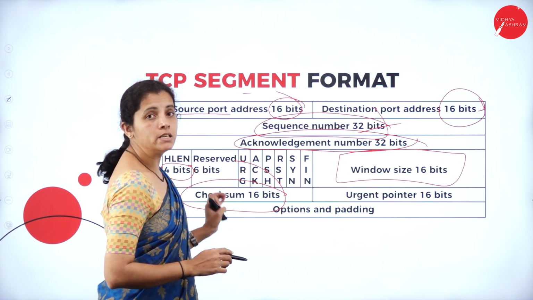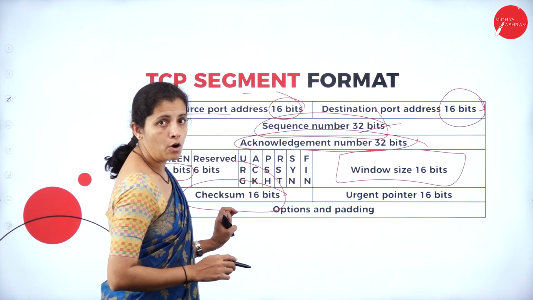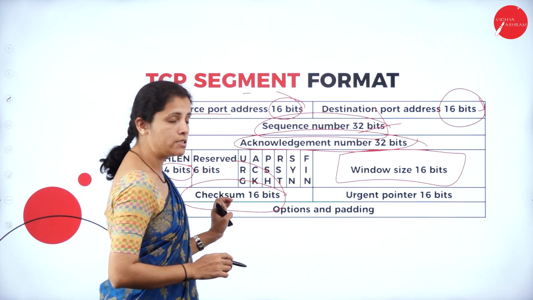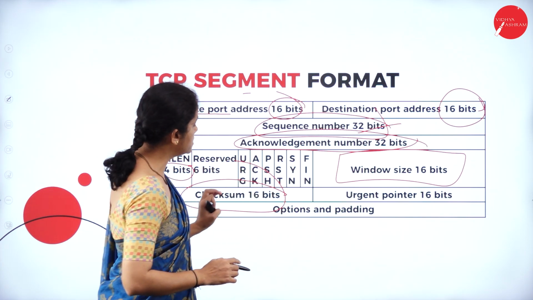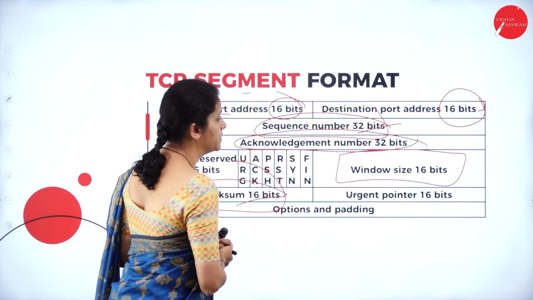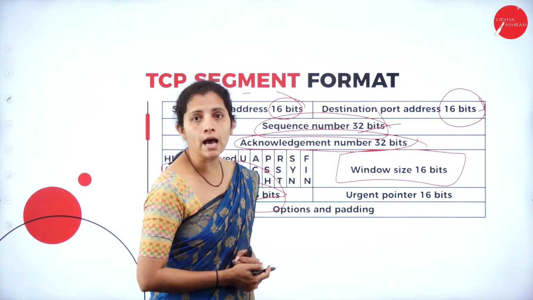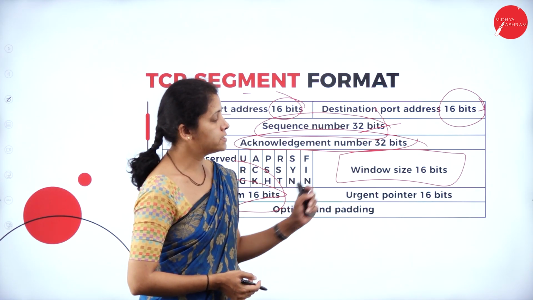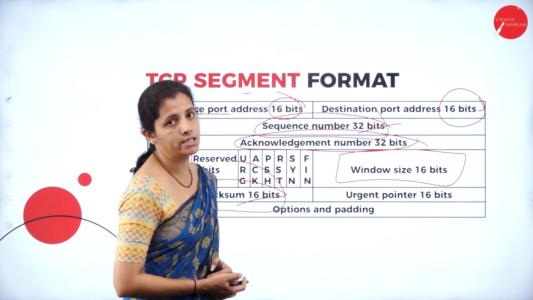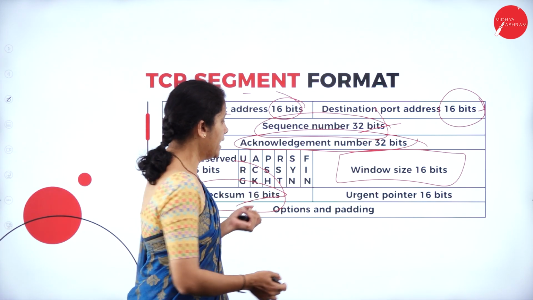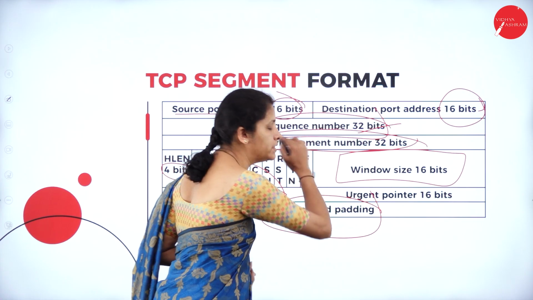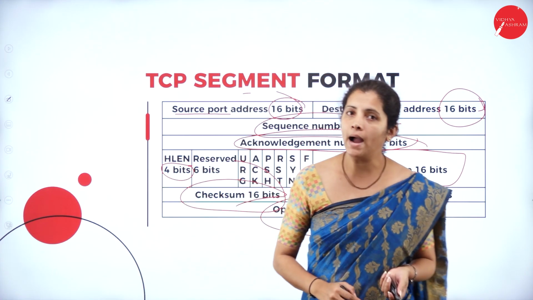What is a checksum? It is an error detection mechanism, and its size here is 16 bits. Then I'm going to have the urgent pointer, which is also 16 bits, and at the end, the options and padding.